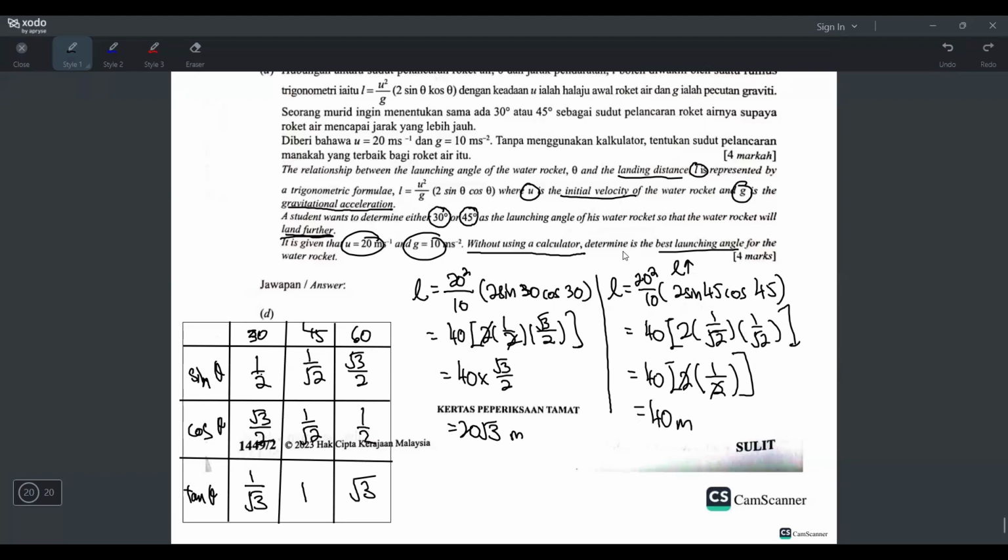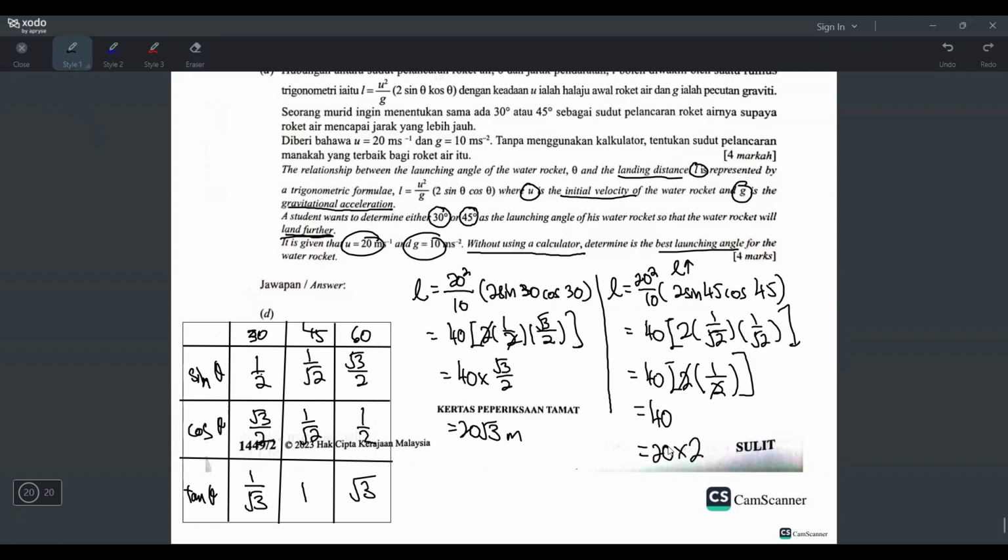So now we can determine which one is the best launching angle of water rocket. Okay, how to know which one is longer? Okay, actually, this one you have to keep going. Yeah, we can still continue for the 40. Okay, because I want it to be like 20 times.